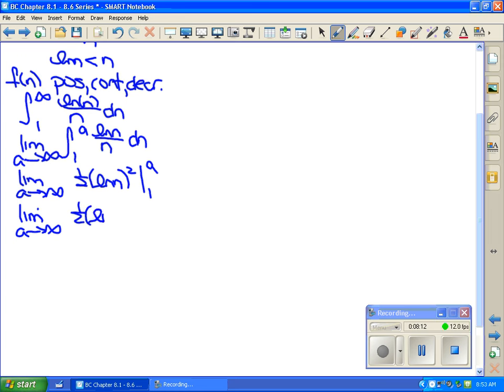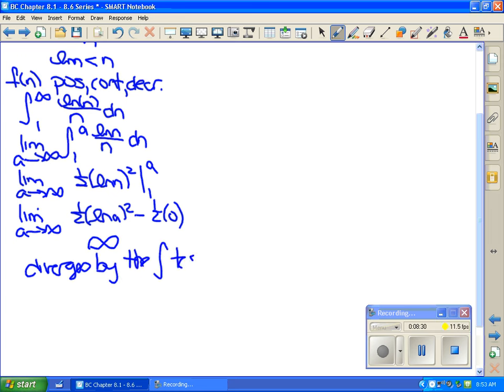So 1/2 natural log of a squared minus 1/2 natural log of 1, which is 0. So as a gets larger and larger, natural log of a approaches infinity because it's an increasing function. So this equals infinity, which means it diverges by the integral test. So that's one optional way of doing it.